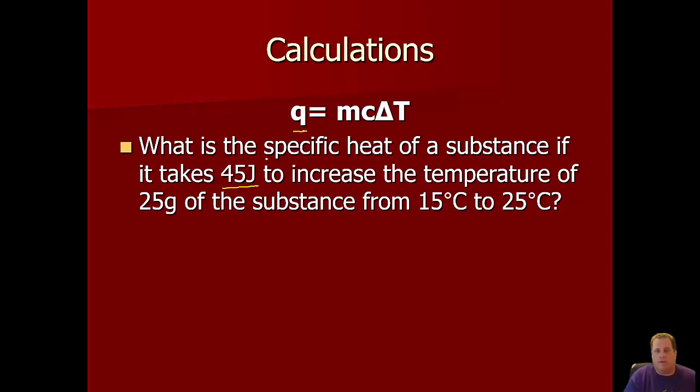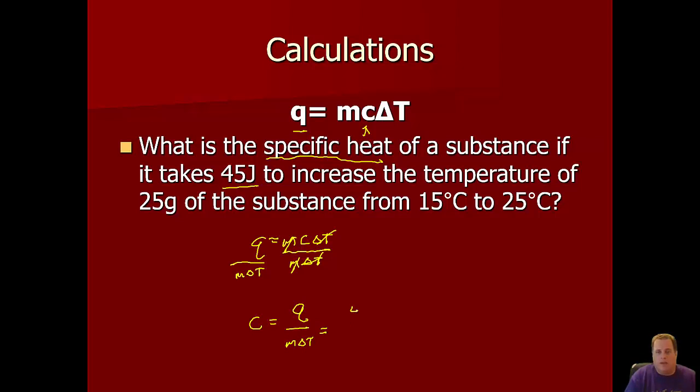What we are solving for is the specific heat, so we want to solve for C. If I take Q equals MC delta T, I divide both sides by M delta T. M and delta T cancel out here. I rearrange this and find that C equals Q over M delta T.